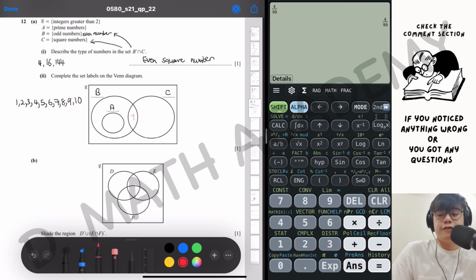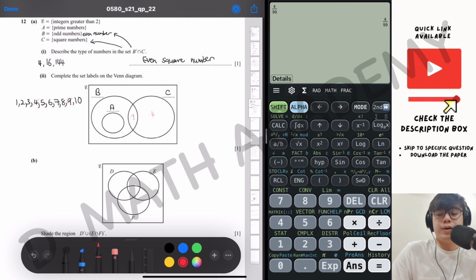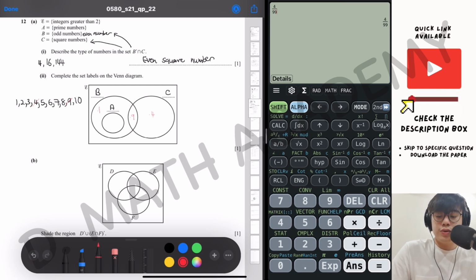And for 4, it will be right over here. And for the rest of the numbers, 1 will be over here, as 1 doesn't qualify as a prime number. 2, 3, 5, then we have 6, 7, 8, and also our 10 here.